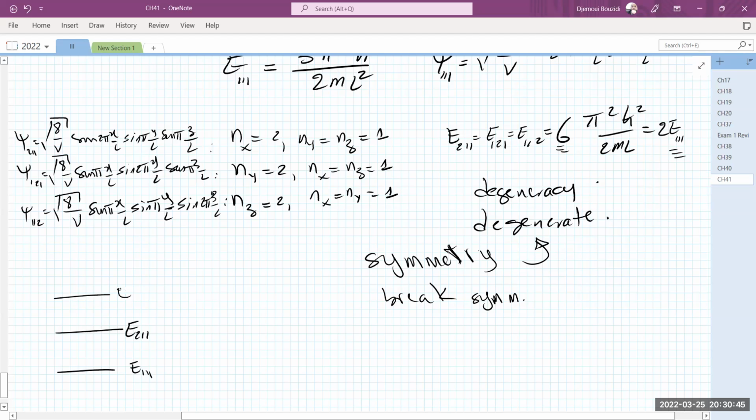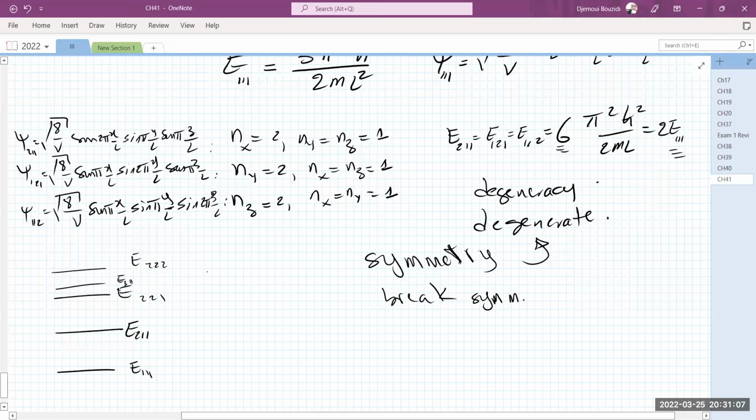And then you have E221, and before you get to E222, which is going to be 4 times the ground state, there is another level in here, E311.